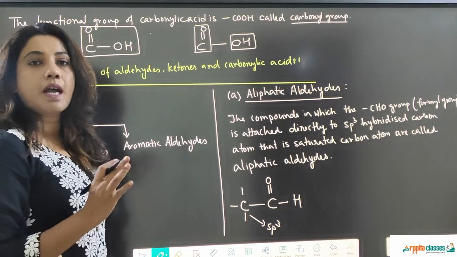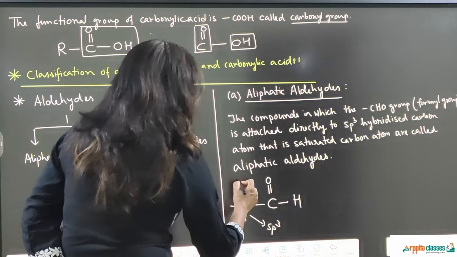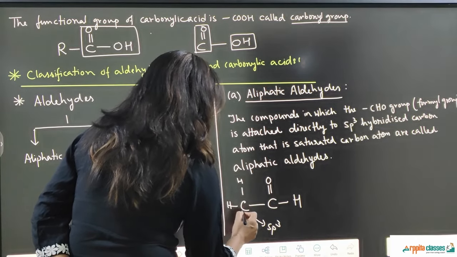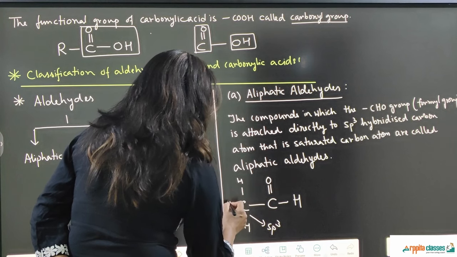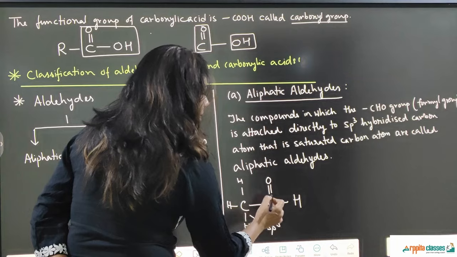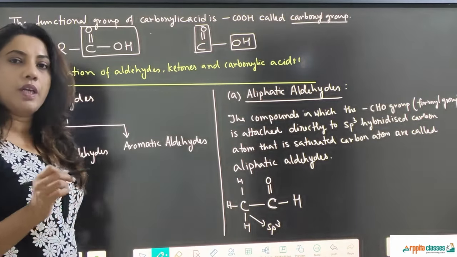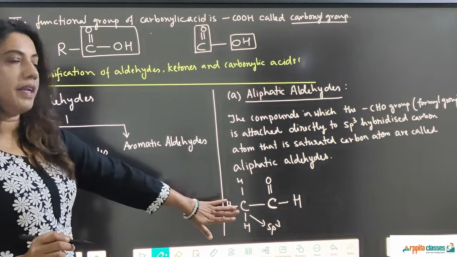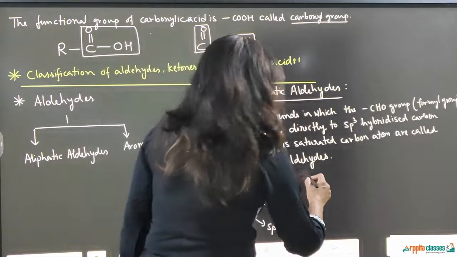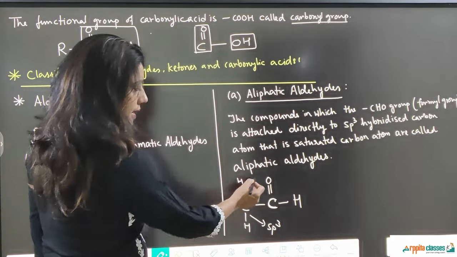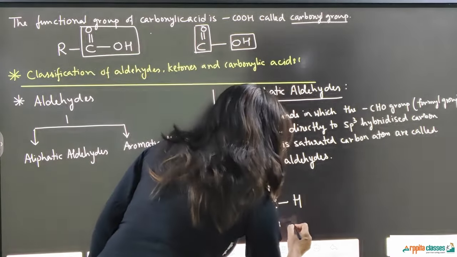Saturated carbon means carbon-carbon single bonds. These other bonds might be hydrogen or they might be again carbon, that's a different thing. But if this formyl carbon is attached to an sp3 hybridized or saturated carbon, then it is called an aliphatic aldehyde.